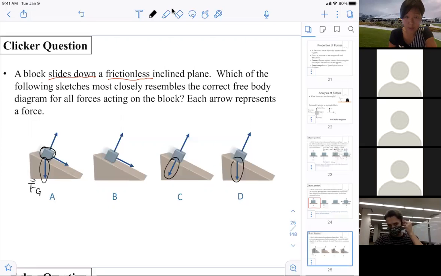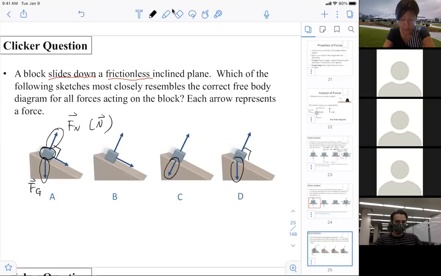And then in which direction? Perpendicular to the inclined plane, but more upwards, not perpendicular downwards. Okay, so perpendicular to the inclined plane upward. So this is a correct representation. It's the normal force, or you can say normal, capital N.